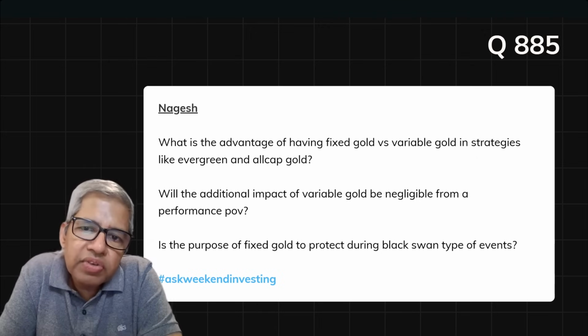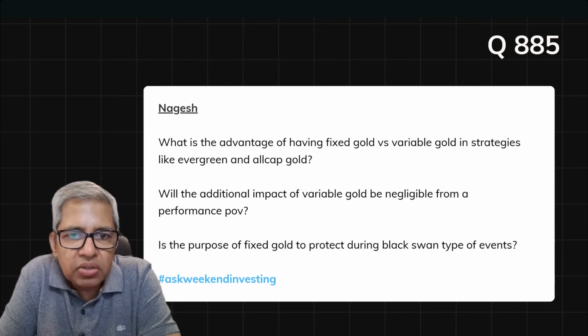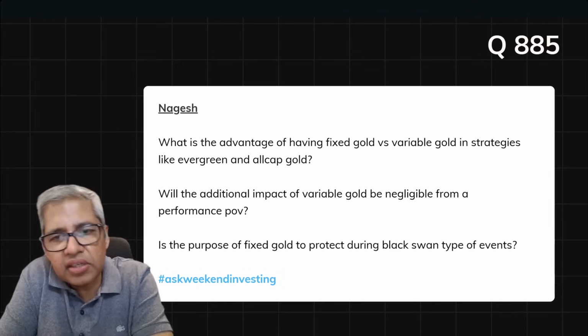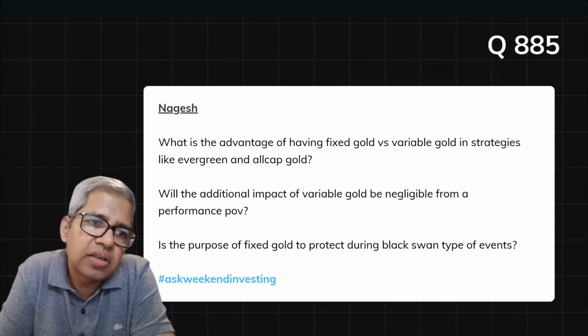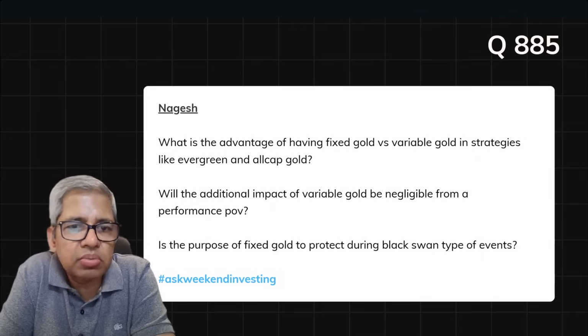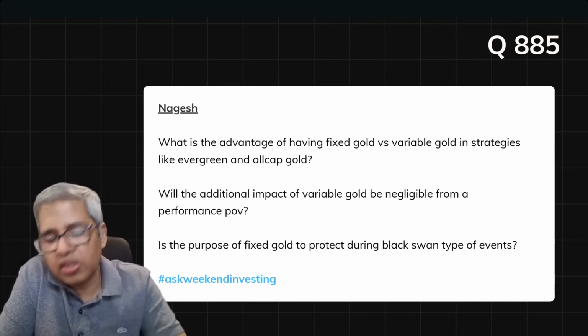The additional impact of variable gold would be negligible from a performance point of view. I've already mentioned that you can have fantastic performance if you let it go variable. And fixed gold is certainly very helpful if there is a black swan or a sudden event. So let's say some collapse happens tomorrow and gold goes 2x in the next one week, you'll certainly get the benefits of that.